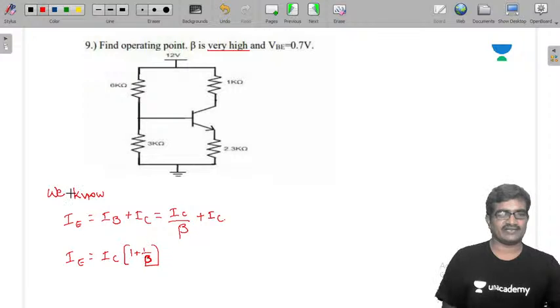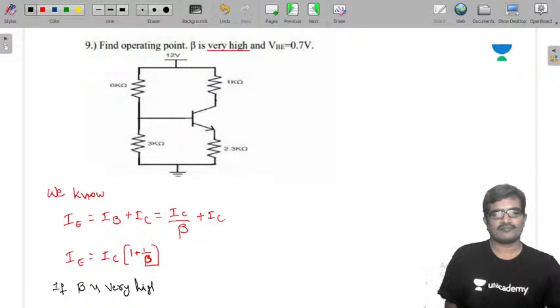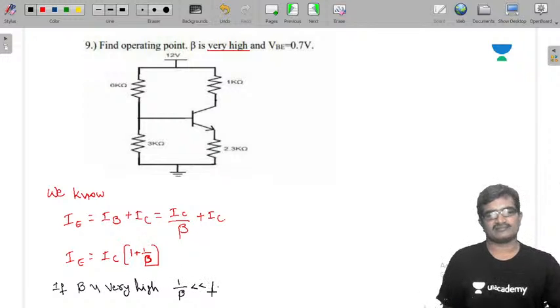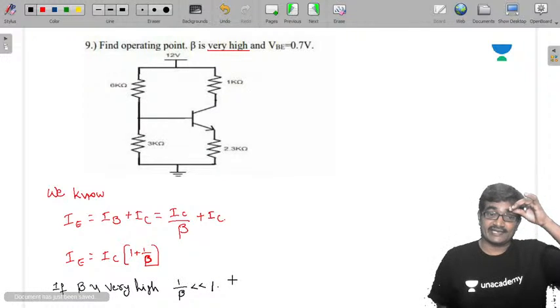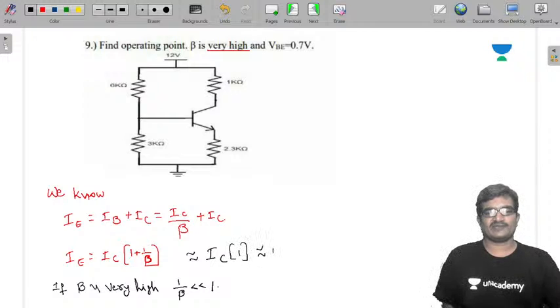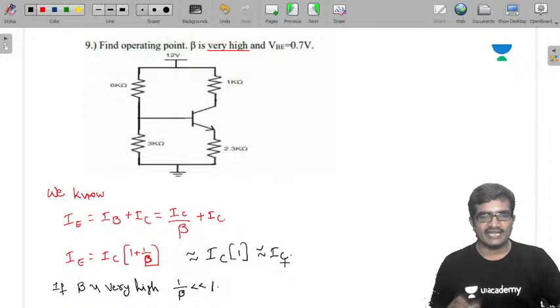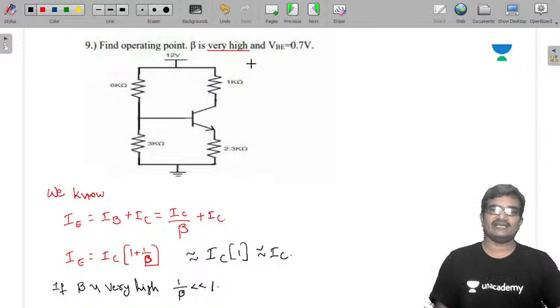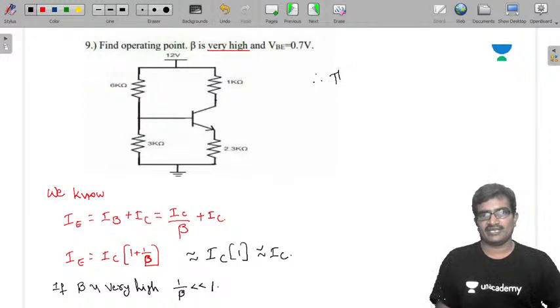So once beta is very high, 1 by beta is much less than 1. So we can write this as approximately IC into 1, so approximately IC.